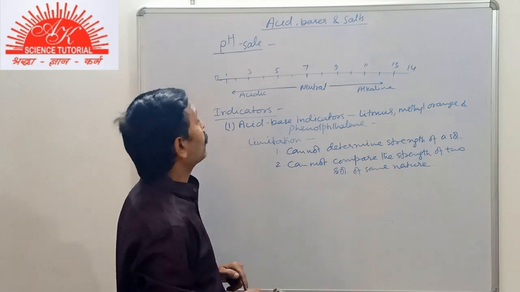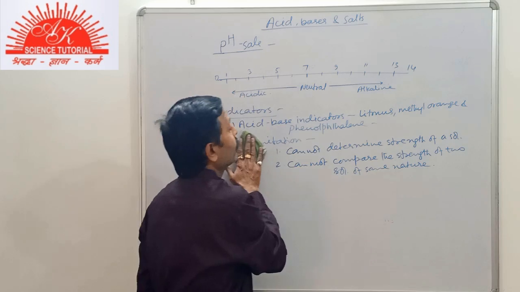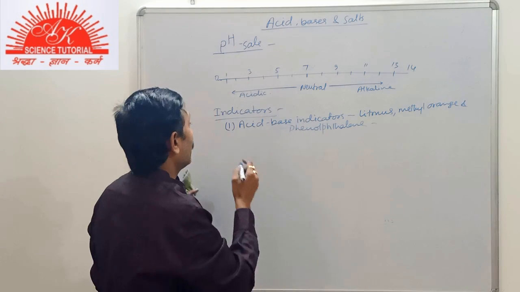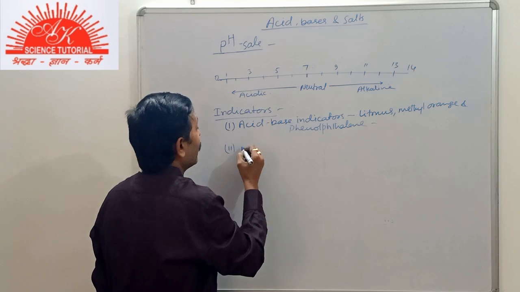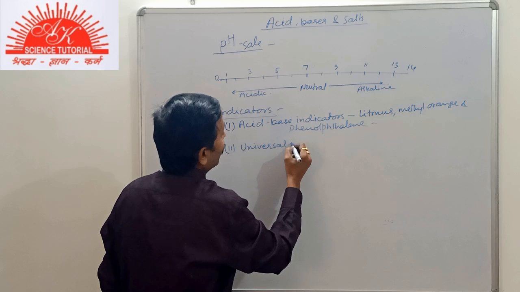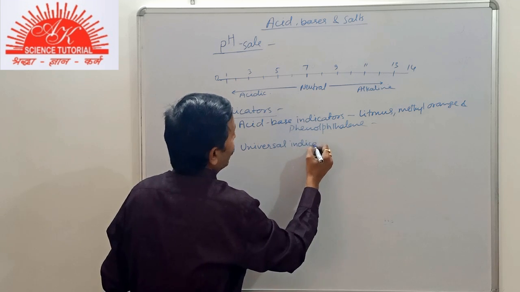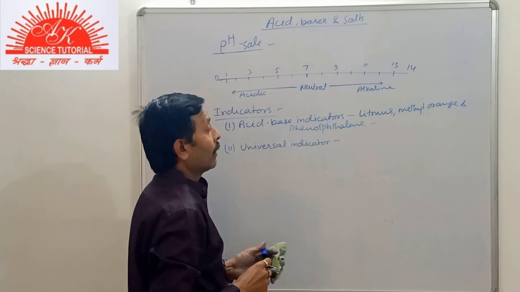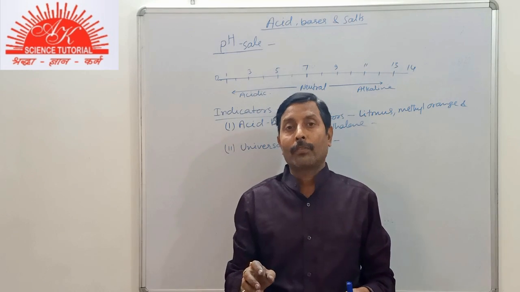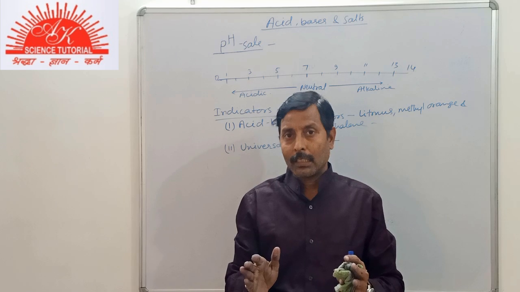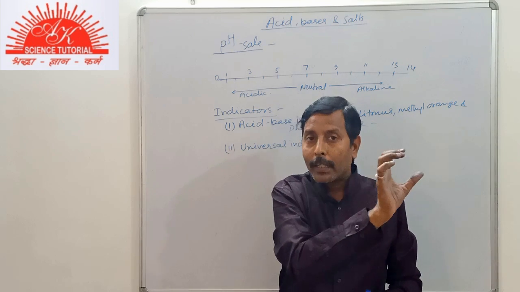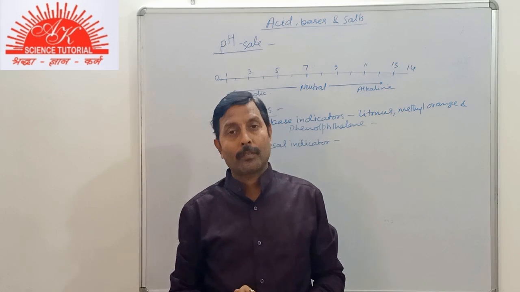So in order to solve this problem, we have another type of indicator, called universal indicator. Universal indicator is a mixture of organic dyes which show different color changes over different ranges of pH.